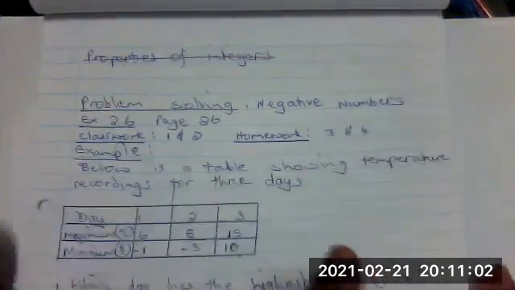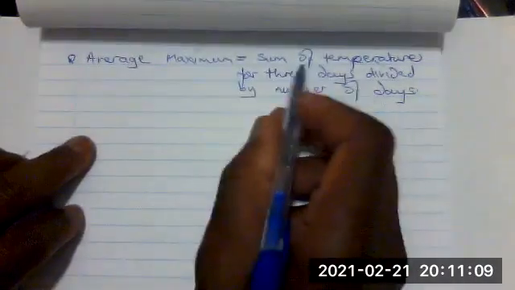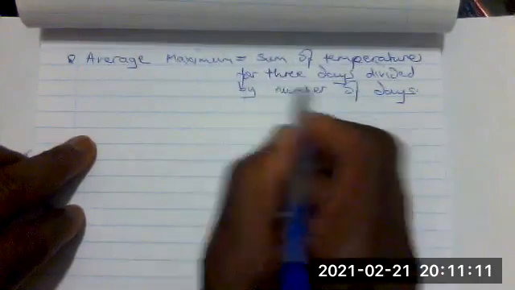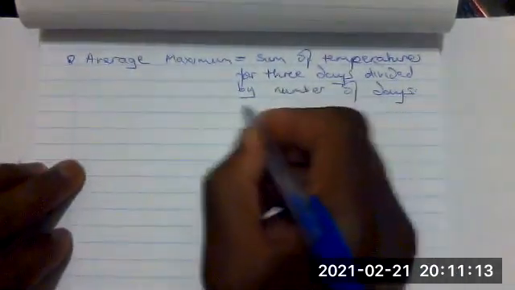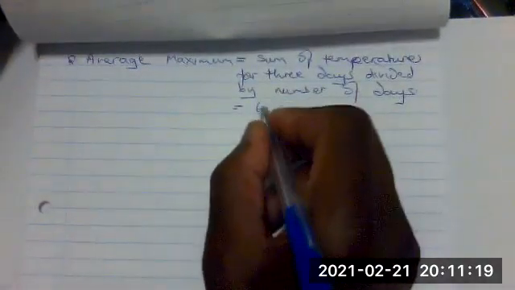There are 3 days, right? So it means we will now say average maximum is equal to the sum of temperatures for 3 days divided by number of days, which means it is equal to the first maximum of 6.